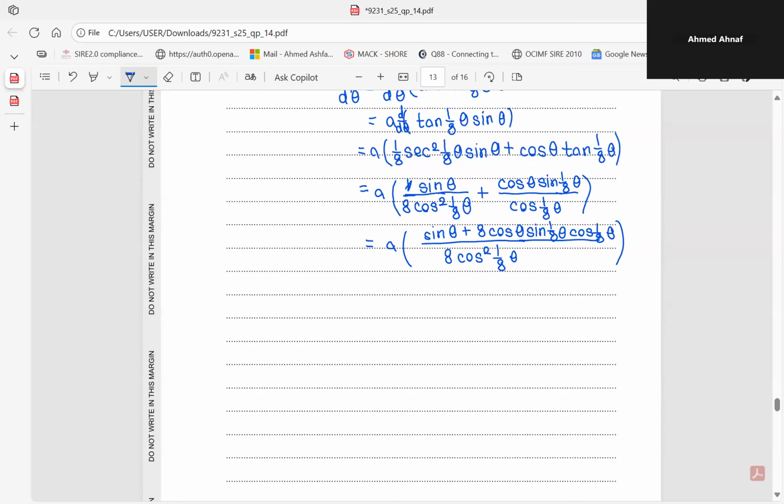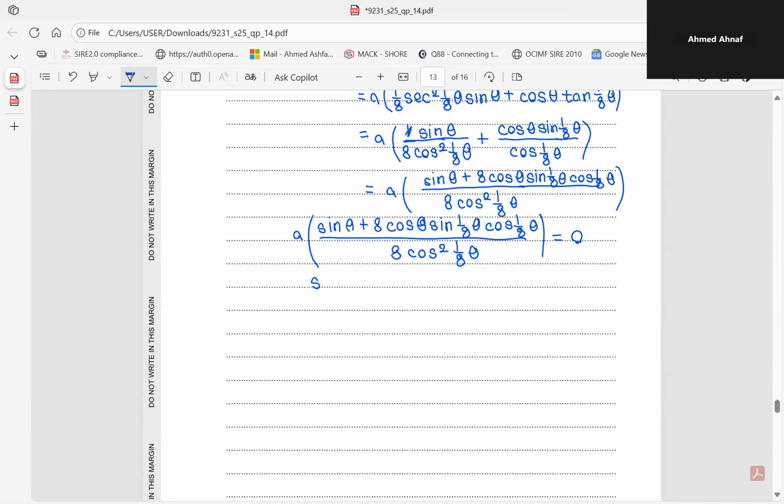Now let's equate this to 0. So let's multiply by the denominator and divide by a.